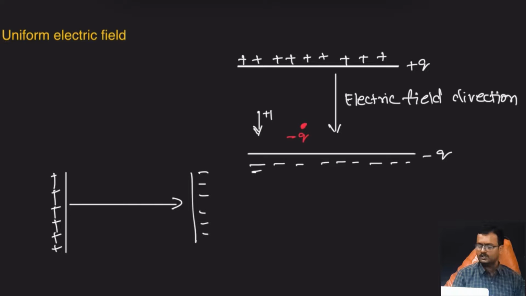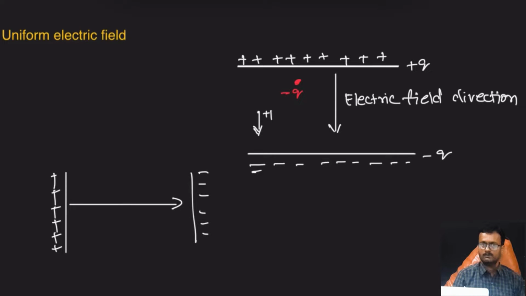Suppose there is a negative charge. It is attracted toward the positive plate and repelled by the negative plate, so it moves towards the positive plate. So force is created by the uniform electric field, and it moves with uniform acceleration. Whatever the charge in a uniform electric field, it moves with uniform acceleration.